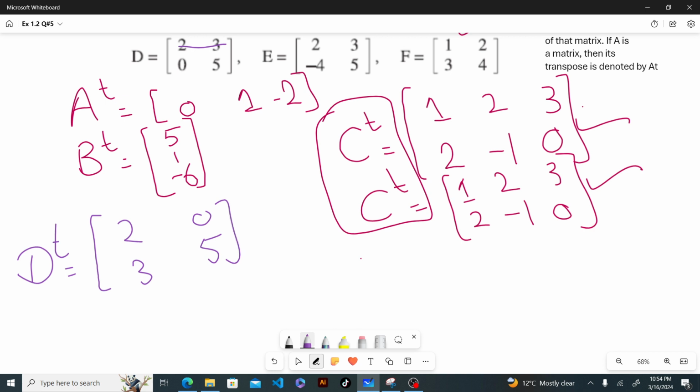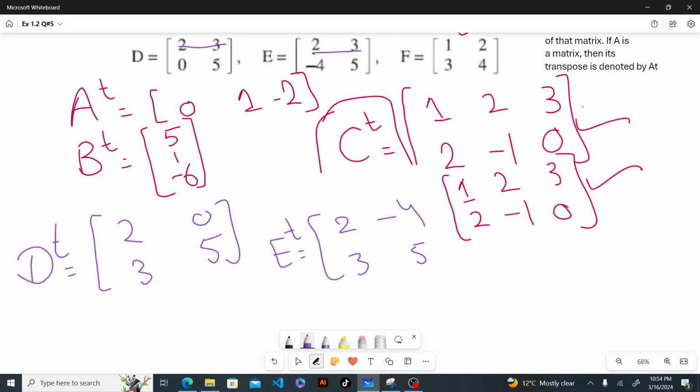Then E transpose: 2, 3, 2, then 2, 3 and minus 4, 5. This is E transpose.